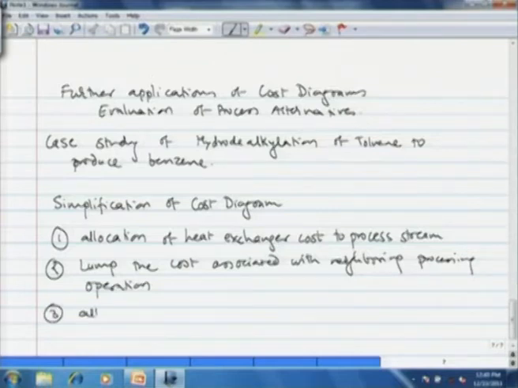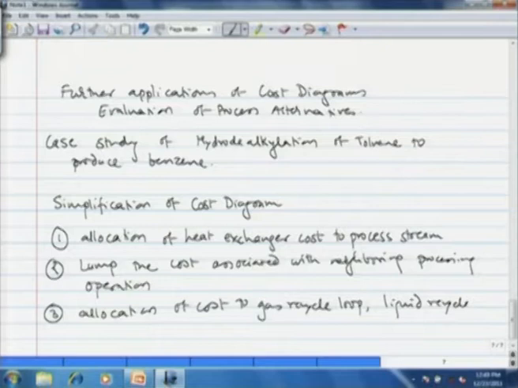And the third is allocation of cost to the gas recycle loop, then the liquid recycle loop, and fresh feed.